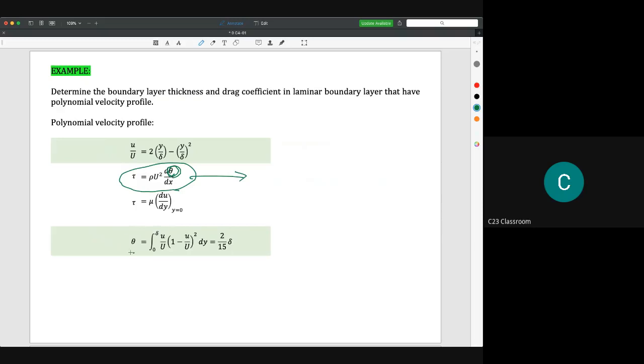Let's say we have the equation of theta like this. We substitute u over U with this velocity profile, do the integral from 0 to delta, and then you will get theta equal to 2 over 15 delta. Then we use this value and substitute it into this theta.